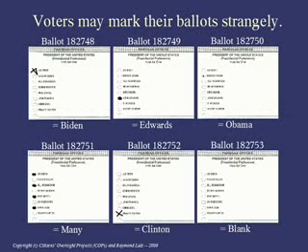In the first example, somebody put an X through the circle next to Joe Biden, so we should get the result that's a vote for Biden. In the next one, you can see an appropriately darkened circle for Edwards. The next one, a little tiny dot for Obama.